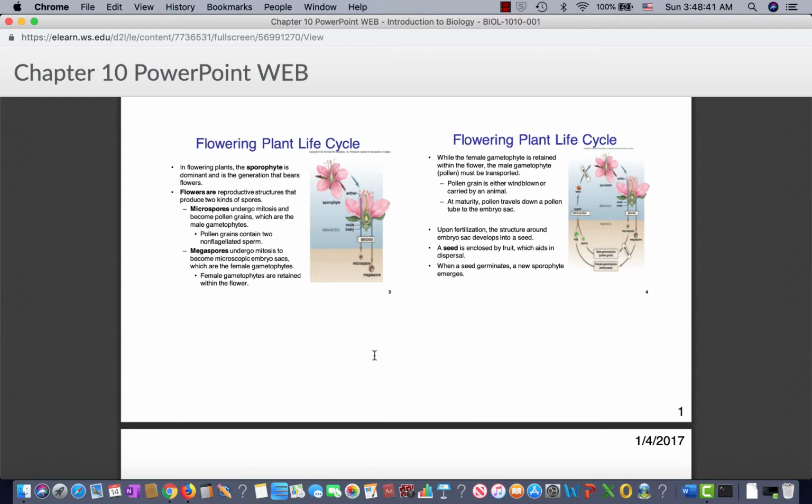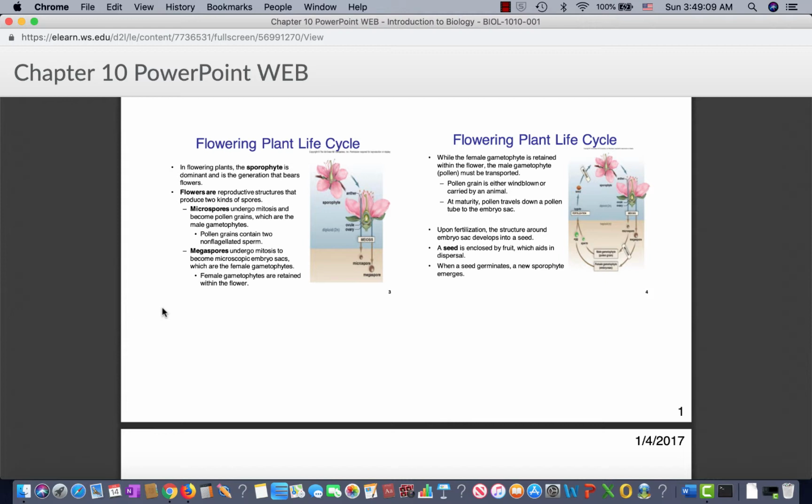In flowering plants, the sporophyte is the dominant generation and is the one that bears flowers. And flowers are reproductive structures that produce two kinds of spores. You've got your microspores that undergo mitosis and become pollen grains, and that's the male gametophyte, which makes good sense that that's the smaller one, because a sperm has a lot less to it than an egg.